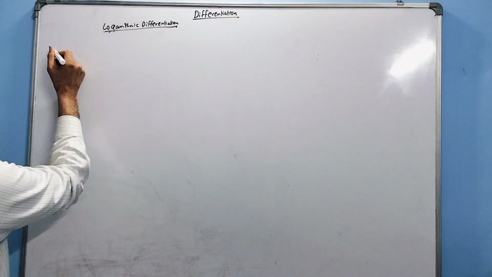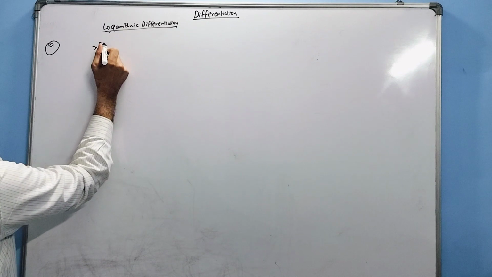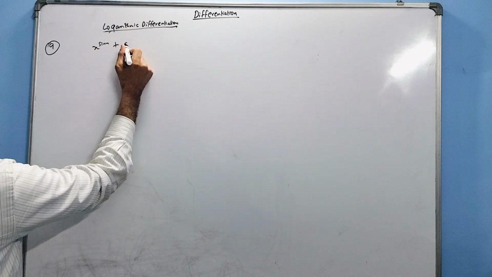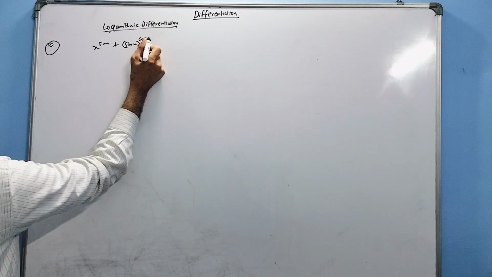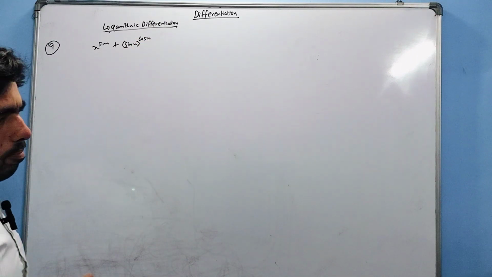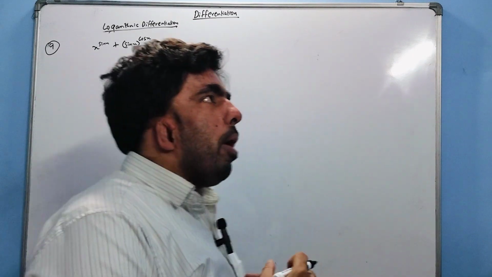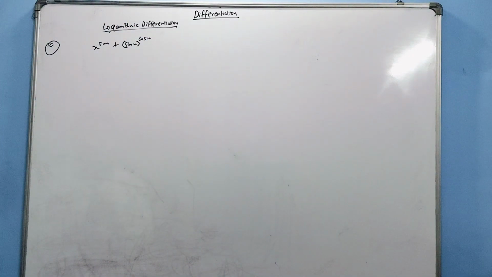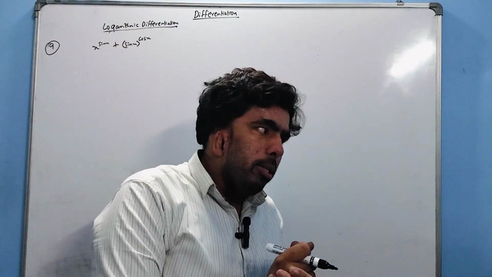We have x raised to power sin x plus sin x raised to power cos x. I hope it now becomes easier for us to understand solving the function using log.